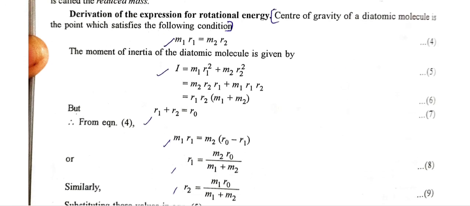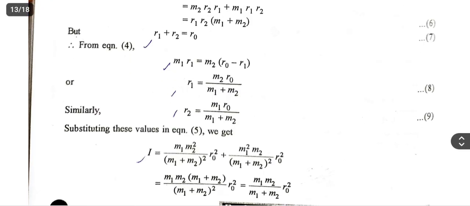The center of gravity of a diatomic molecule is the point which satisfies the condition m1 r1 = m2 r2. The moment of inertia of a diatomic molecule is I = m1 r1² + m2 r2², where r1 + r2 = r0. From equation 4, m1 r1 = m2 (r0 - r1), so r1 = m2 r0 / (m1 + m2), and r2 = m1 r0 / (m1 + m2).